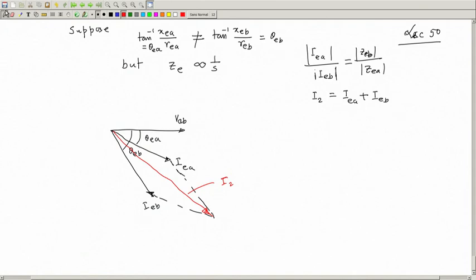Now, I redraw this circuit to avoid any confusion. That is what we are planning.